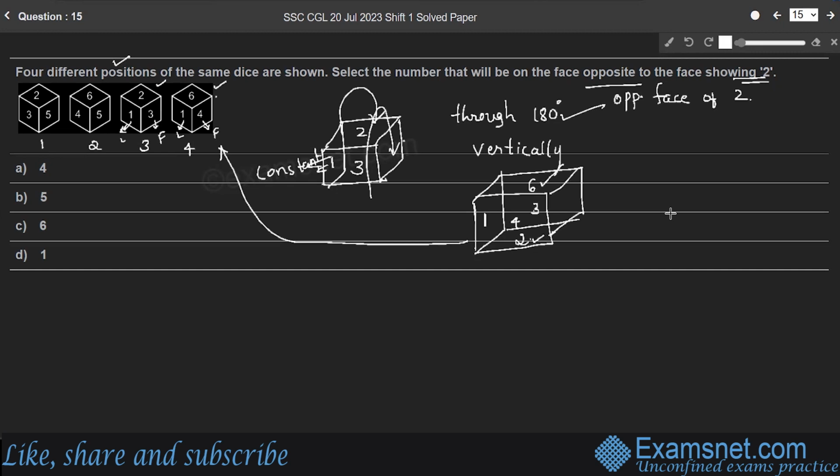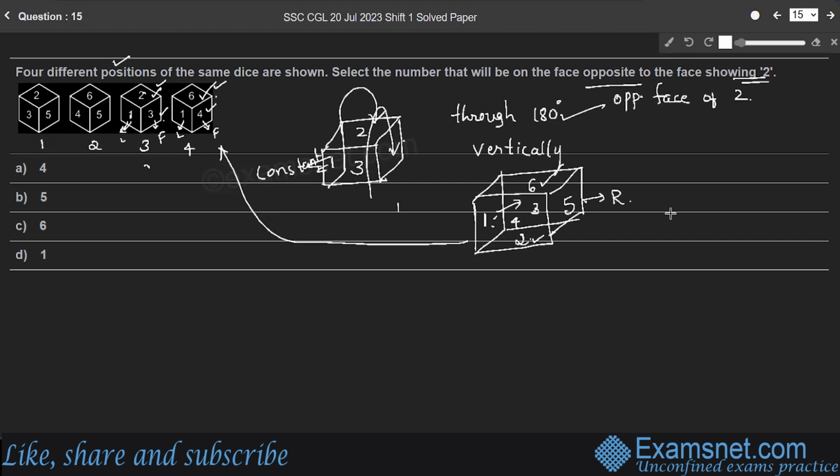Because the remaining 2 sides cannot be opposite to 1. 1 has 4 adjacent faces, 2, 3, 4 and 6, according to positions 3 and 4. So 2, 3, 4 and 6 are adjacent faces of 1. Therefore, the remaining face is 5, which is the right face, opposite to 1.